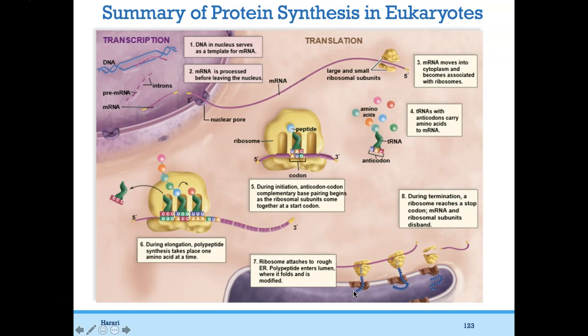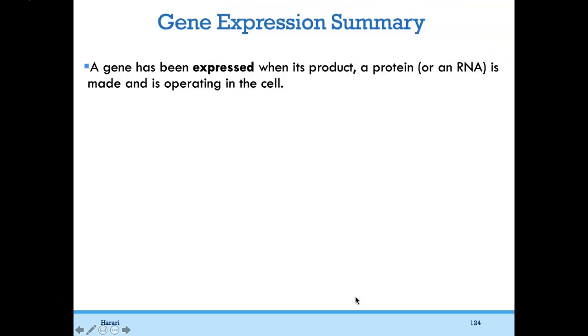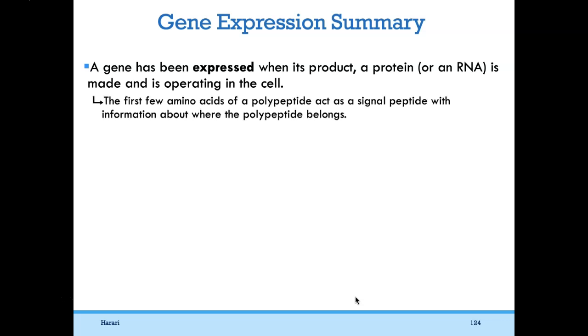So sometimes these amino acids are attached together, but they only fold once they're inside the endoplasmic reticulum. Right? So a gene has been expressed when a protein is made and it's operating in the cell.